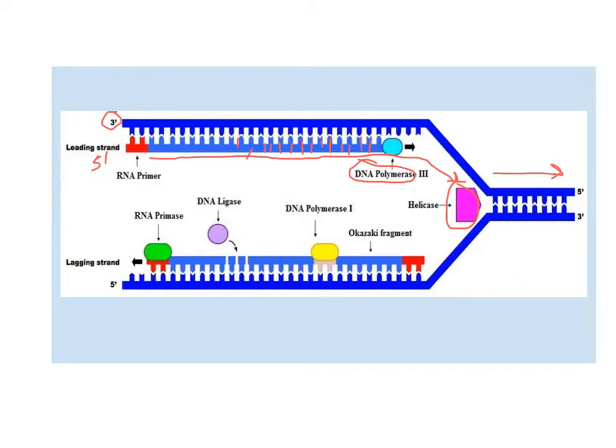But on the other side, it cannot follow helicase because it'd be going 3' to 5'. So it has to go in the opposite way. So once helicase unzips a little segment of DNA, polymerase adds little chunks, and they're called Okazaki fragments. So the nucleotides have to be added in little chunks called Okazaki fragments.